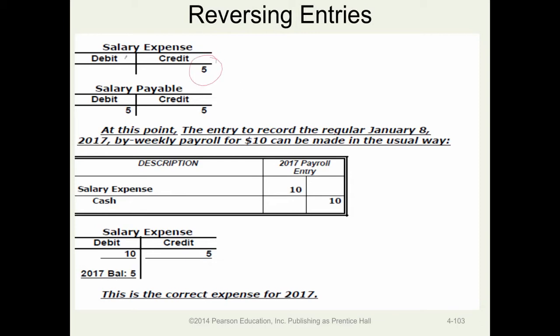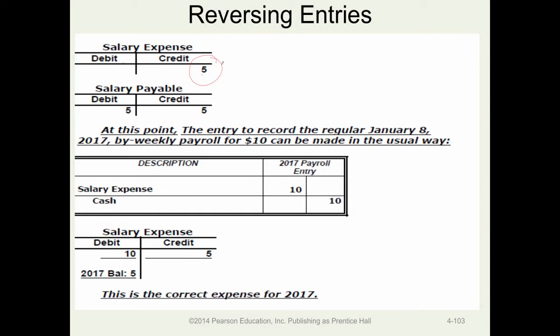Now we know the normal balance of an expense is a debit. So, and as I said, there are exceptions, and here's one. So right now at this point, until you make the payroll payment on January 8th, at the beginning of 2017, on January 1 of 2017, your salary expense has a credit balance.